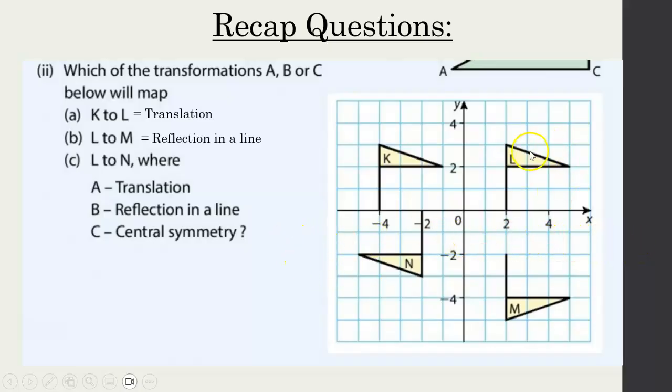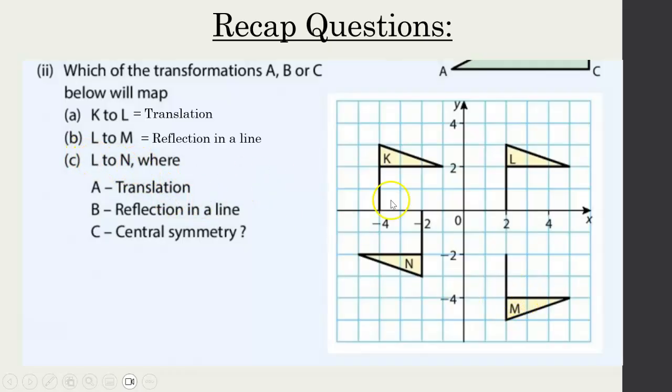If you folded it, so I fold this side over, it would be exactly over on M. Now it's not a translation, because if I just picked it up and put it down here, it wouldn't be the same, because look, it's rotated a bit. And it's not a point, because if I pick this point here, or any point, and draw this through, and I went there, it would end up over here. And it has to be turned upside down. That's not turned upside down.